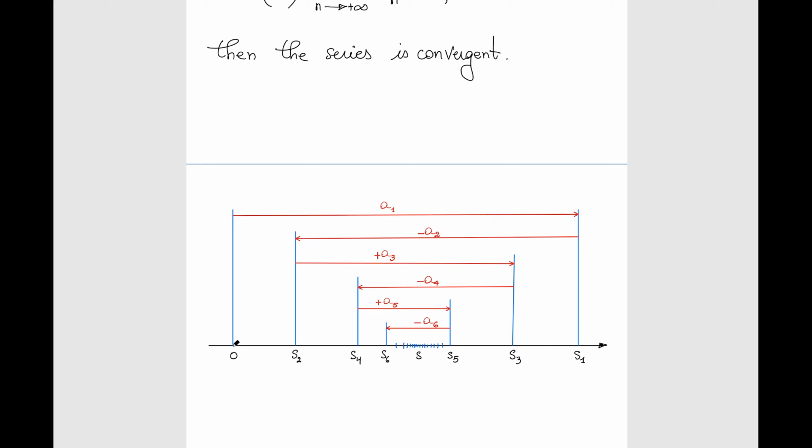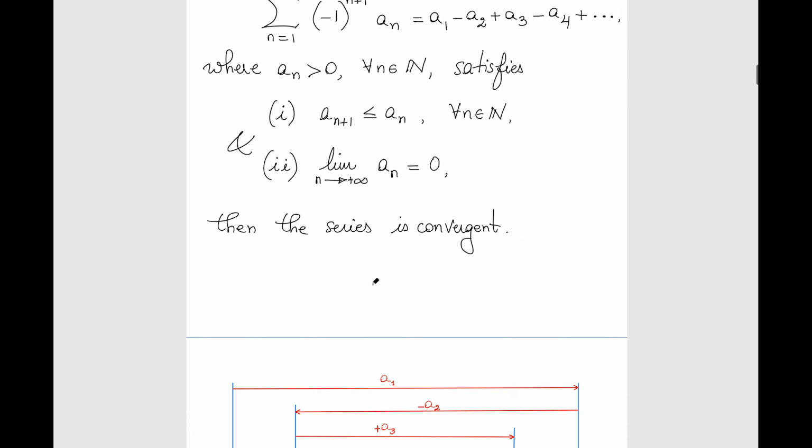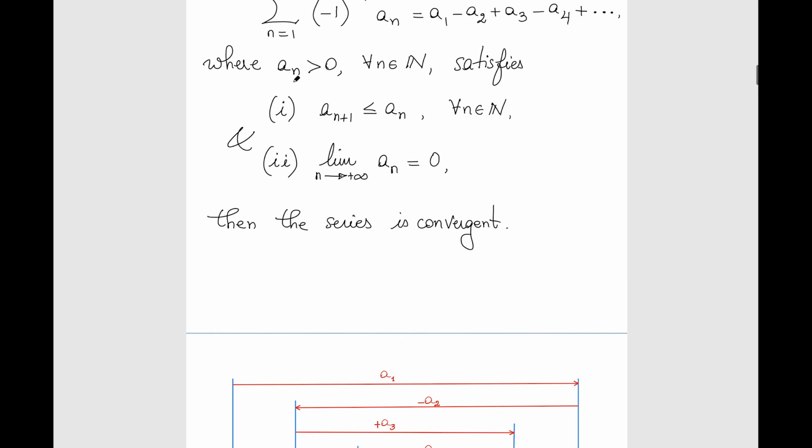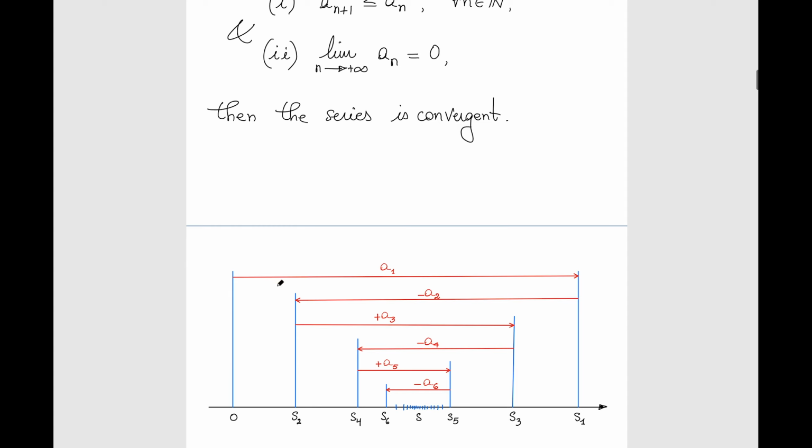And then the first partial sum is S1. What's S1? S1 is when n is 1, that term is just A1, right? And A1 is supposed to be positive, remember? So you move A1 units to the right of 0. You end up somewhere. That's S1.